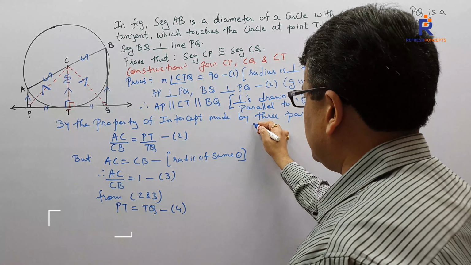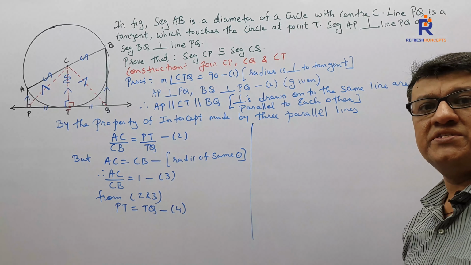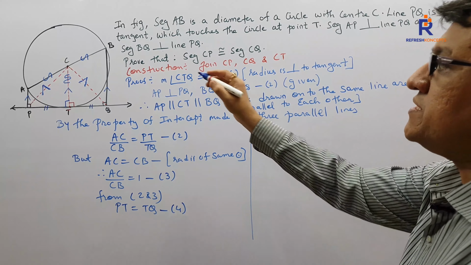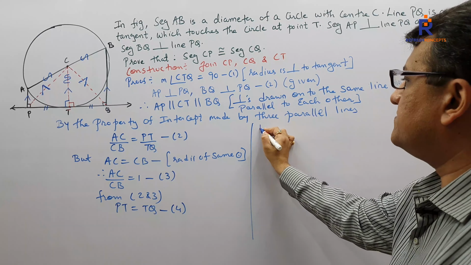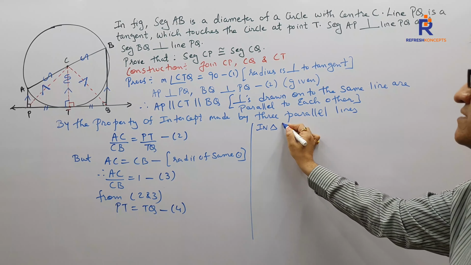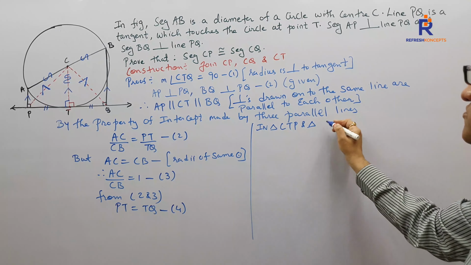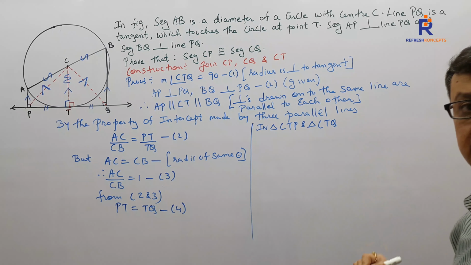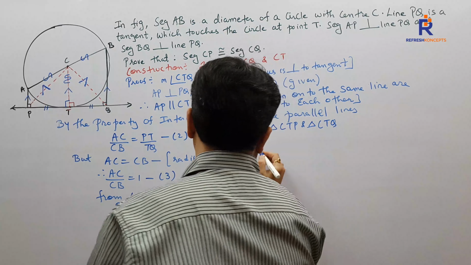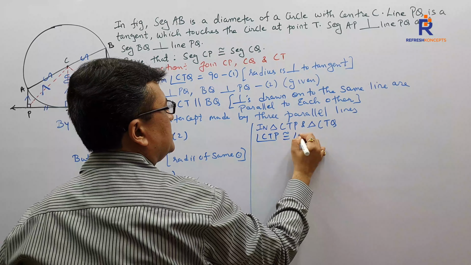So let me write down the entire congruency here. In triangle CTP and triangle CTQ, angle CTP congruent to angle CTQ.